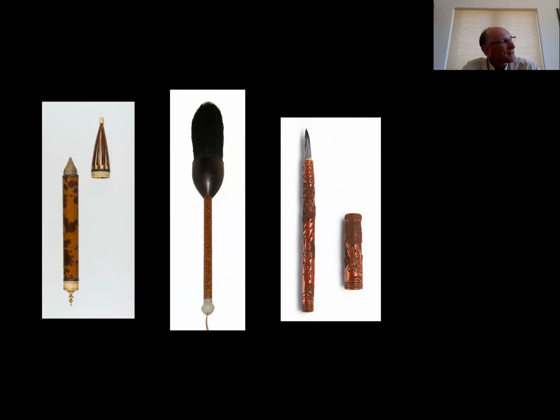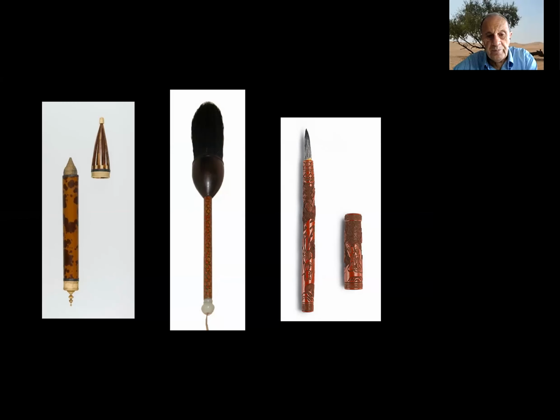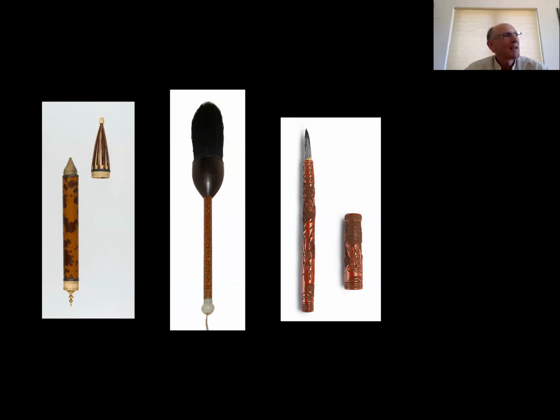The far left brush is one at the Shosoin in Japan, which is thought to be a Tang Dynasty example. Old brushes are quite rare, and some things like this can only be found in Japan. The two others have lacquer handles. The one in the center has what's called a rhino skin pattern lacquer. And then, of course, the carved lacquer brush on the right is very typical of the late Ming period.